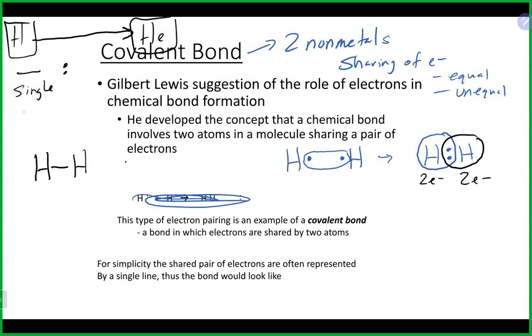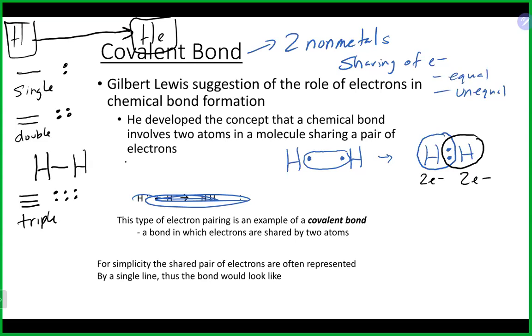If you see 2 lines between 2 elements, they're sharing 4 electrons, and this is referred to as a double bond. And lastly, if you see 3 lines between 2 elements, that is sharing a grand total of 6 electrons. Each line represents 2 electrons. That is known as a triple bond.